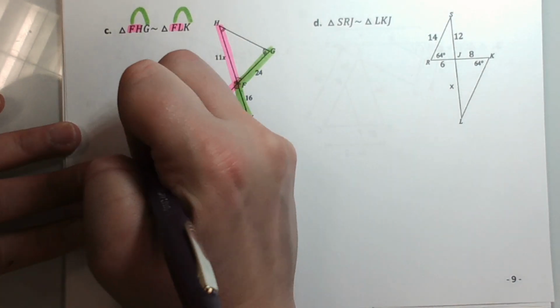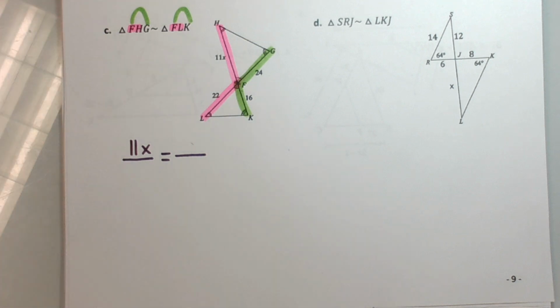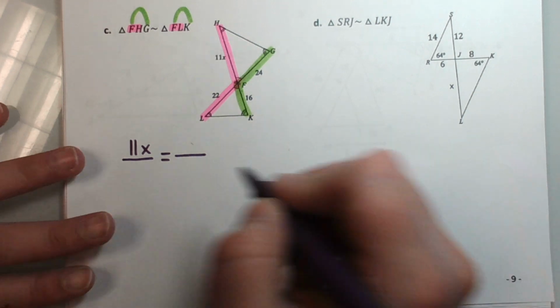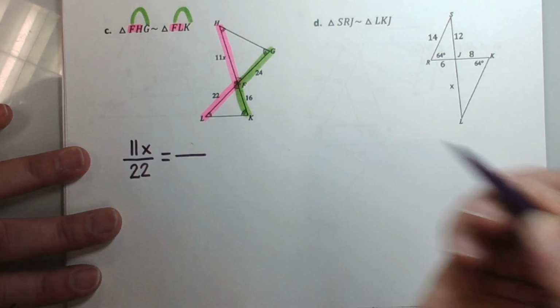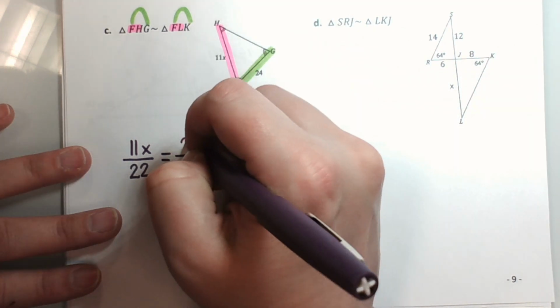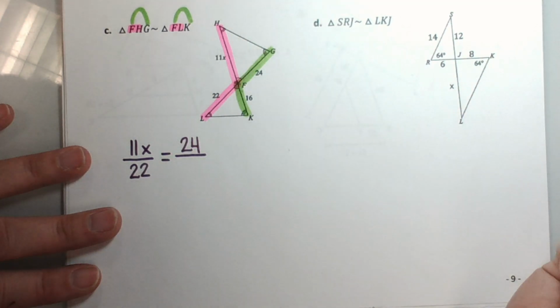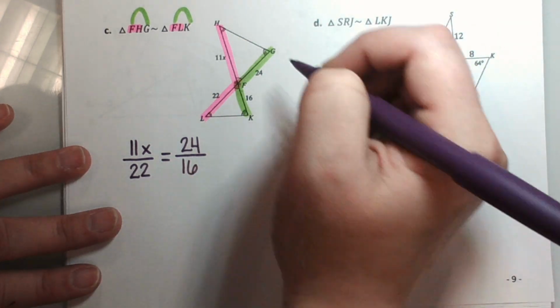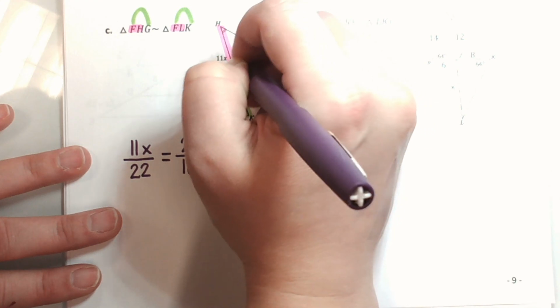The other things can vary depending upon the picture. In this case, it's going to be all four of the things I know. 11x goes over the top of 22 because that's its corresponding side. The other two measurements I know are 24 and 16. Which one has to go on top? Why the 24, Lily? Because it has to come from the same triangle as the 11x.